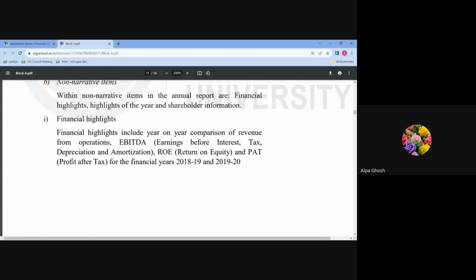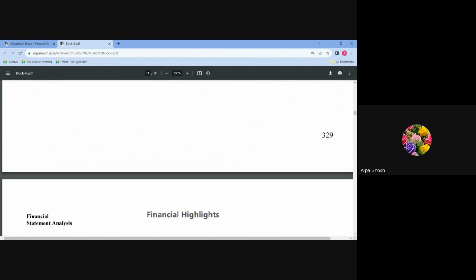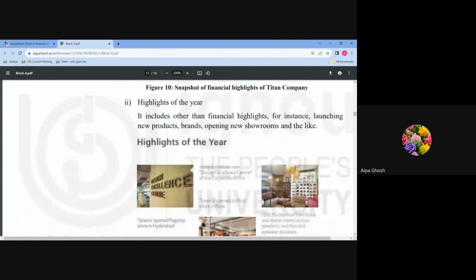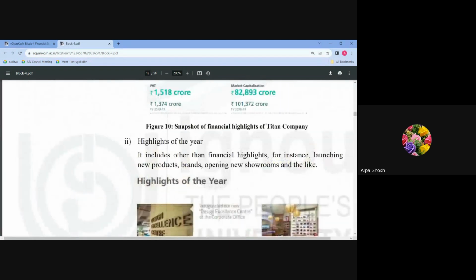It also talks about the rate of return on equity that you are paying to the shareholders, and once the tax is paid, how much profit is left with the shareholders, because with the remaining profit only the dividends will be discussed.